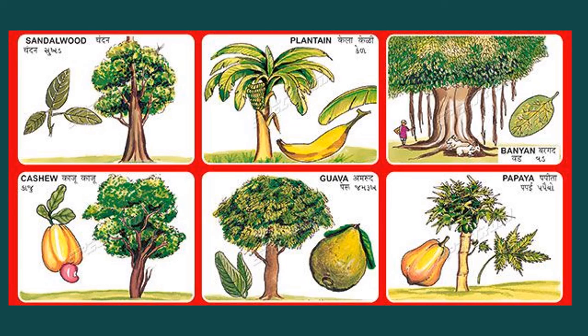Sandalwood tree, chandan ki ped, chandanapu chettu, plantain tree, arati chettu, banyan tree, మర్రి చెట్టు, cashew tree, జీడి మామిడి చెట్టు, guava tree, జామ చెట్టు, papaya.